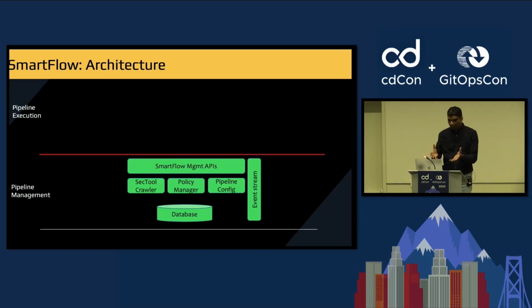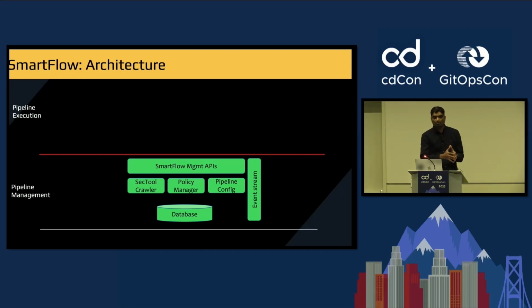Again, SmartFlow is what we call this platform, the magic wand that I showed you. It is based on a set of APIs that we are still expanding. One thing it has is a tool crawler, right? There are a bunch of marketplaces where these tools are available, and these tools are specific.